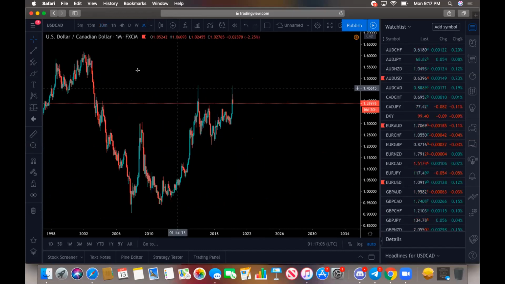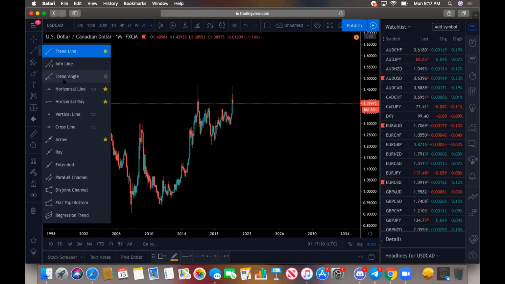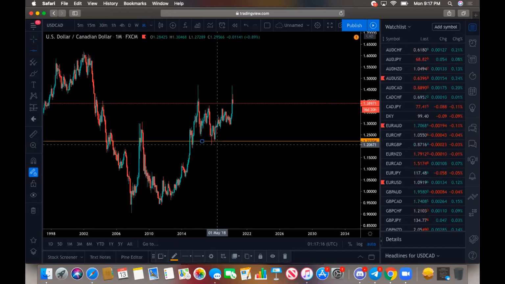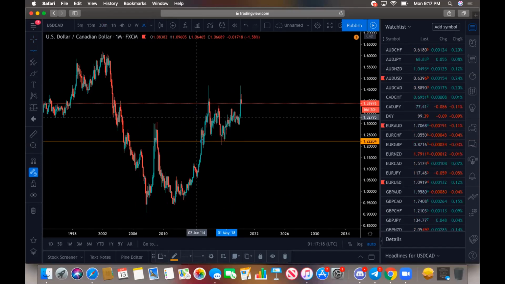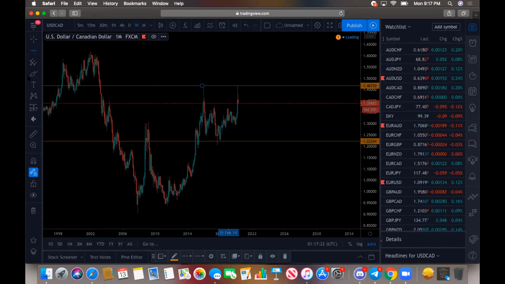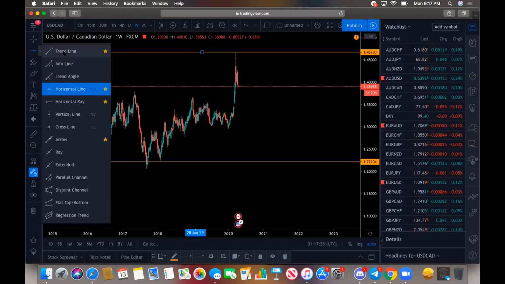So on my monthly, I'm looking for my recent high and my recent low. So I'll choose this to be my recent low and my recent high. On my weekly, I'm looking for my trend.